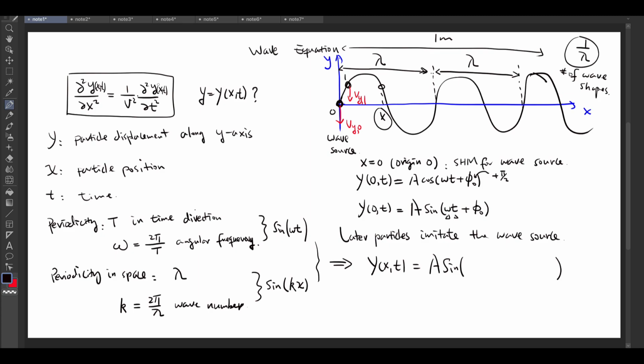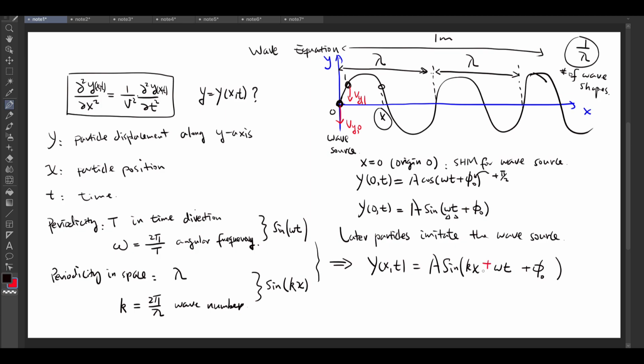that we derived last time. The equation should have solution A sine of kx and omega t, and then plus phi naught, the initial phase that we wrote down for the simple harmonic motion. But how to combine these two, kx and omega t? We could have a plus sign between them.